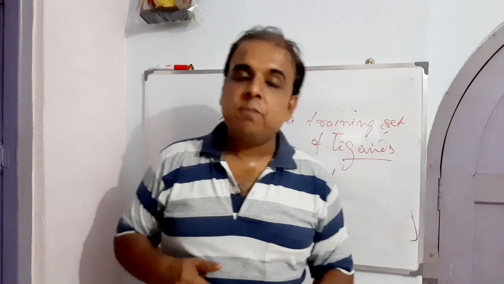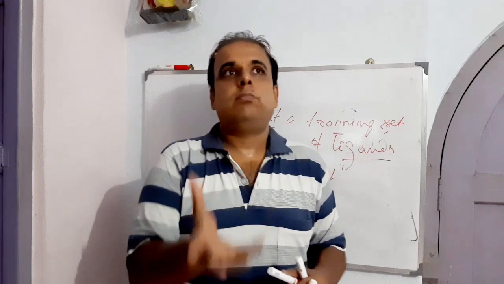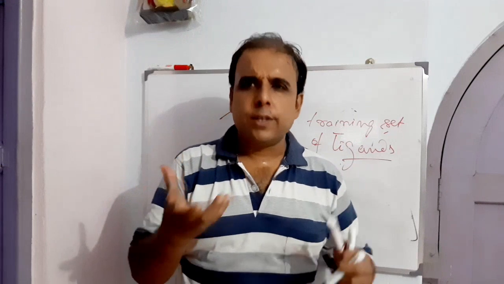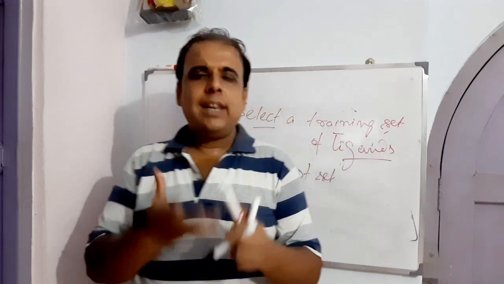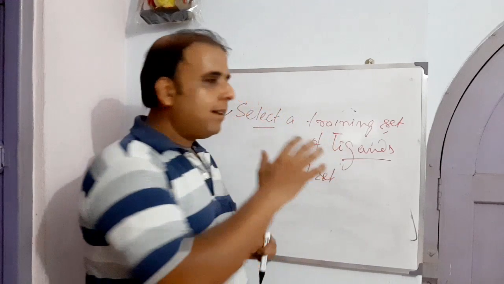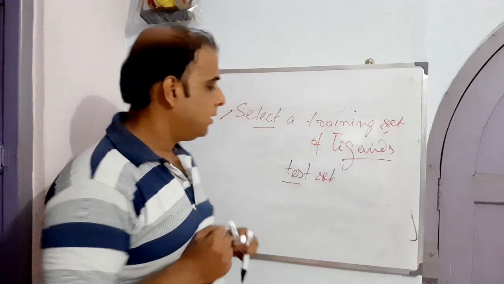The difference is that the training set ligands are used to develop the hypothesis. A Pharmacophore model is nothing but a hypothesis, so the training set ligands are used to develop the model. Then what about the test set?